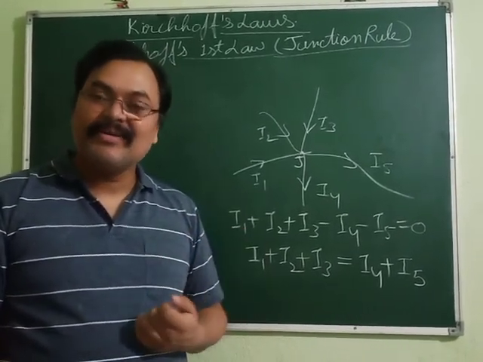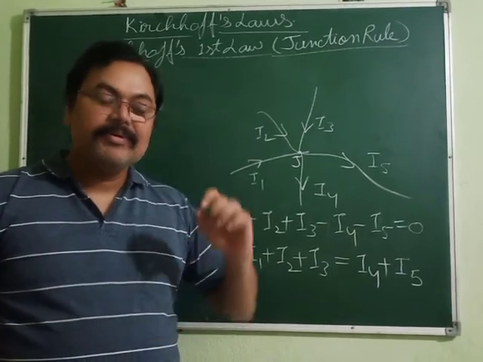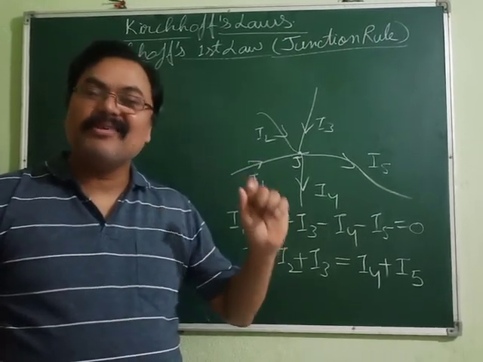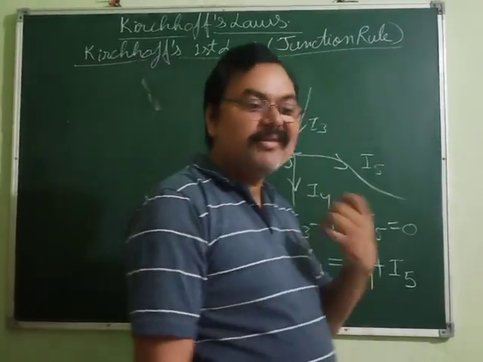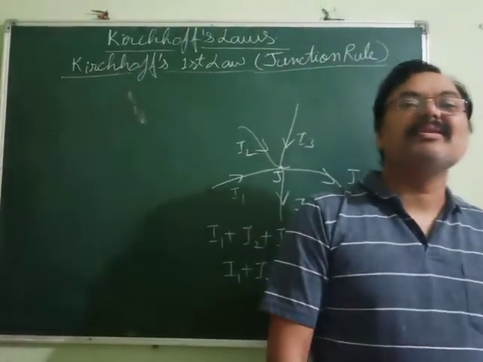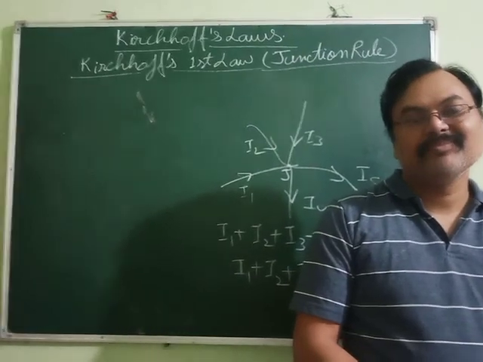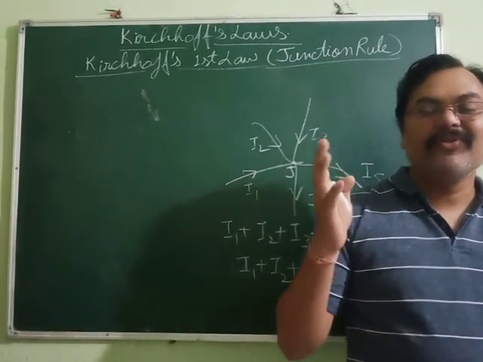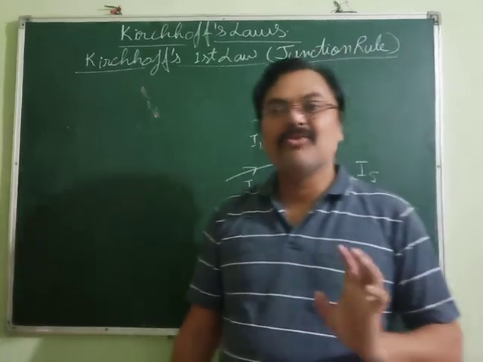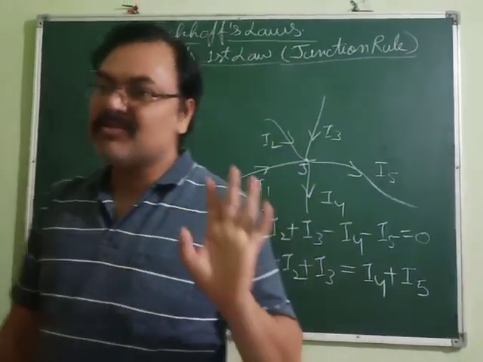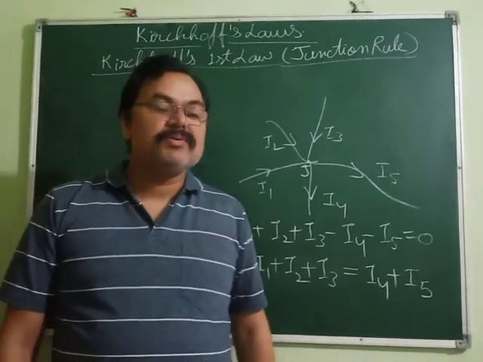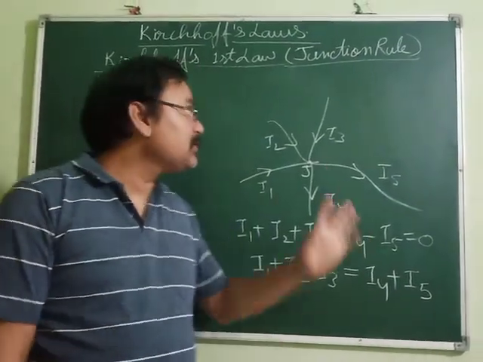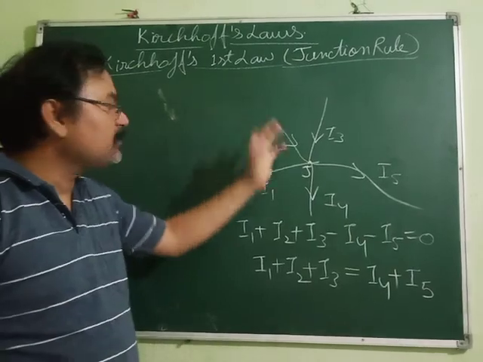It states that the charge accumulated at the junction is always zero. So you got four definitions. Clear? So we have got four definitions for this Kirchhoff's first law.